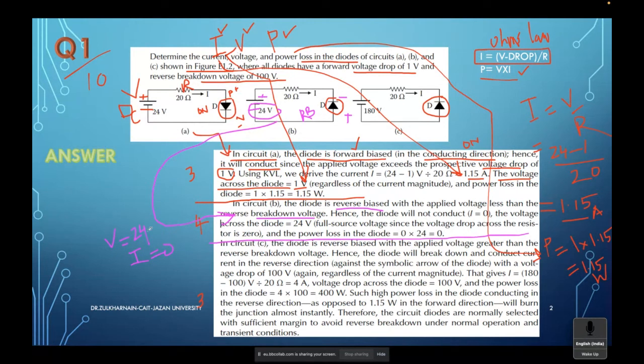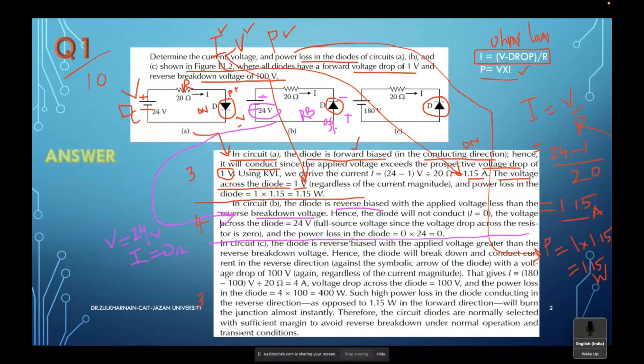That is the voltage he is asking, and the current that should flow will not flow. Why? Because this is in the off state. The diode is off because plus is connected to minus, minus connected to plus. So the voltage appearing here will come here, and that will be the voltage itself. Current will not flow, so current is equal to 0 amperes. Voltage will be 24 volts. So we have done current and voltage.